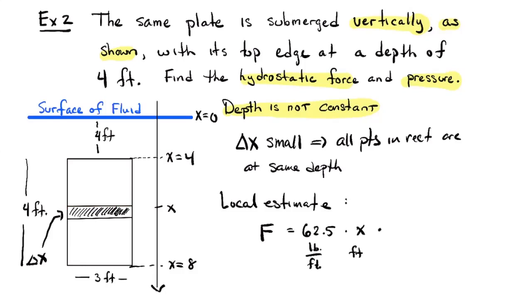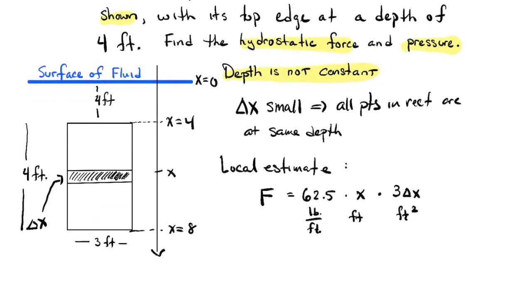What is the area of that rectangle? Well, that rectangle is 3 feet wide and delta x tall in the picture. So the area of it would be 3 delta x, that would be in feet squared, right? So that's my local estimate.